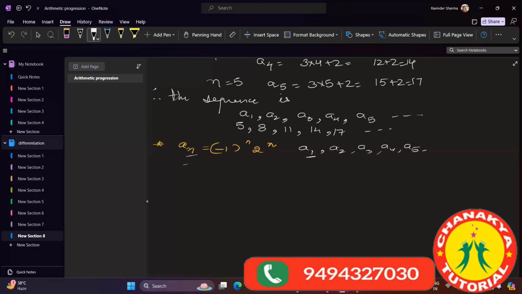Comparing these two, the value of n will be 1 now. Put A1 will be (-1) raised to the power 1 times 2 raised to the power 1. So it will be minus 2, got it? Yes, ma'am.